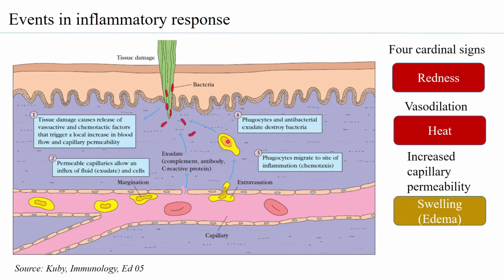So phagocytosis is something that is very obvious in an inflammatory response, and all these three, the redness, the heat generated, and the swelling that is happening in this tissue region, are leading to pain.